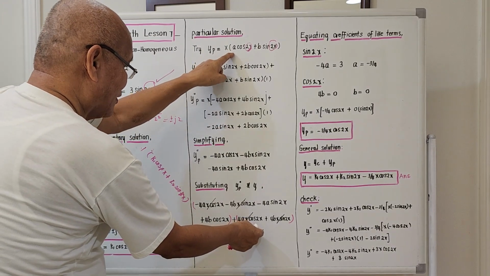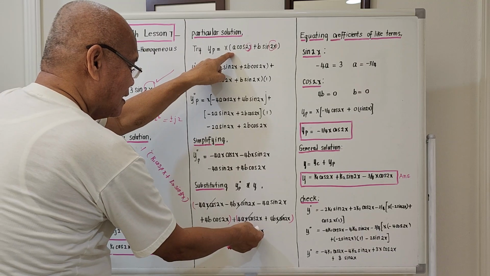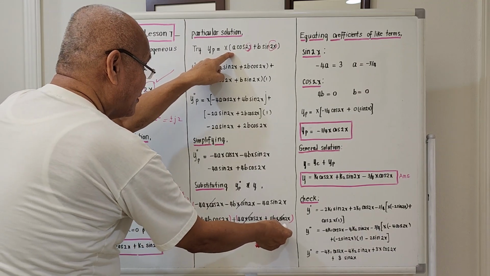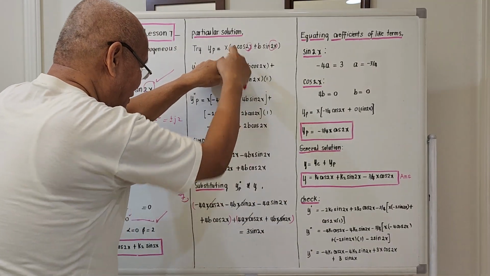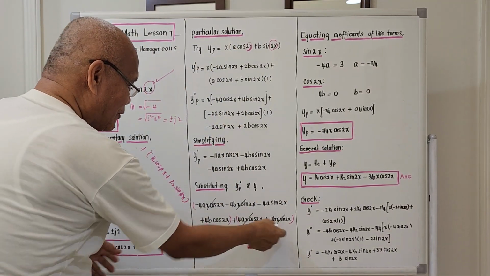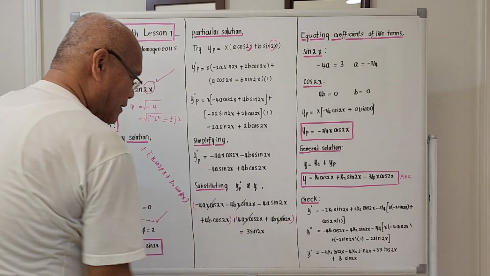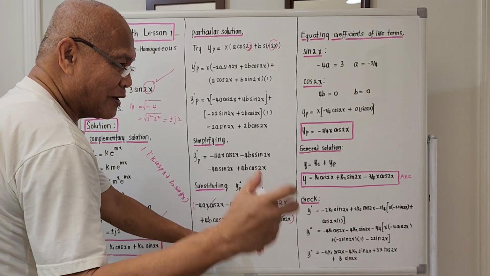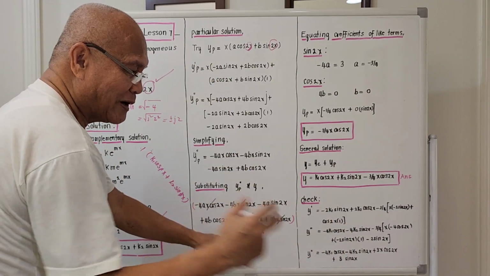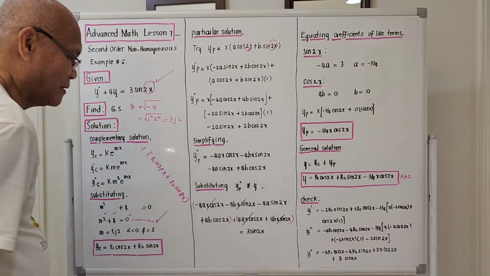We will multiply this by 4, so this will become 4ax cosine of 2x, plus 4bx sine of 2x because there is an x over here. I expanded already. So this is 4ax cosine, this is 4bx sine. And this should be equal to the right hand side. For the meantime, we are considering the particular, so we will take the value of the right hand side. This will be 3 sine of 2x.